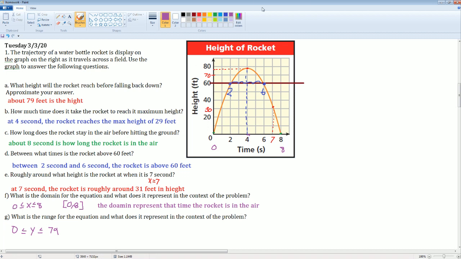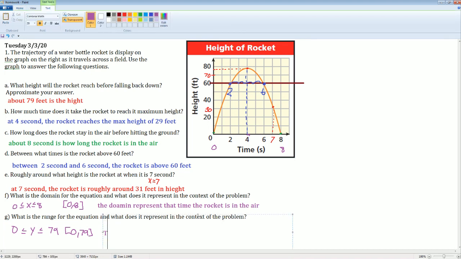If you want to write that in bracket notation, it is closed at 0 all the way to 79. We would say here that the range is the height that the rocket reaches.